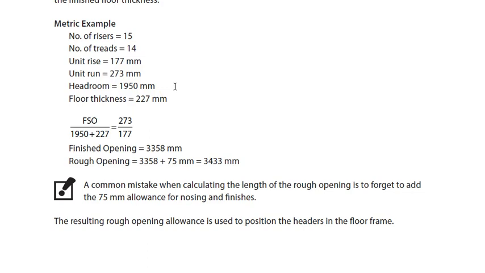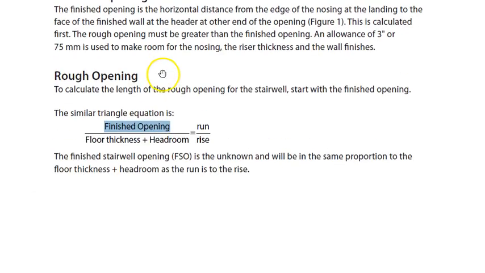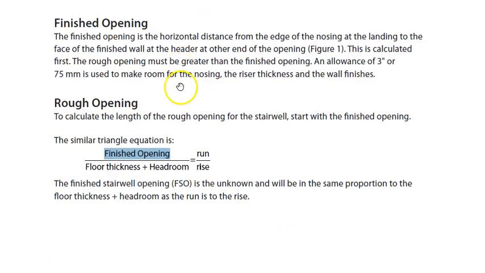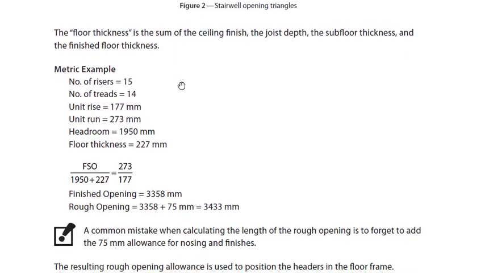I don't know. I think they're just pulling this example from above. Let's scroll above. Okay, 264, 273. So no, they're not. So I'm going to add 177 for the unit rise plus 273.